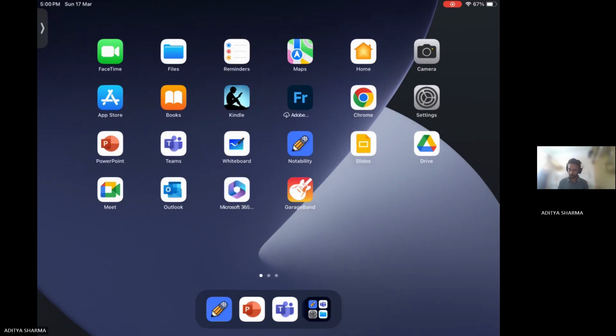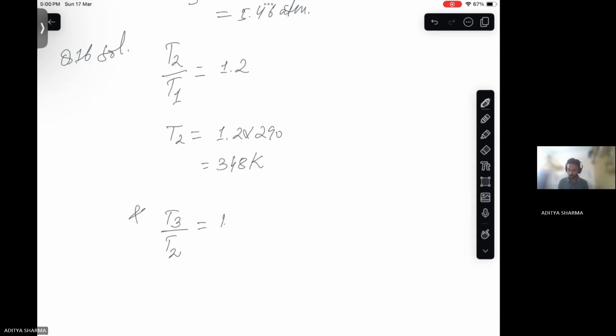So 1.4 when multiplied by 348 gives 487.2 Kelvin, right?